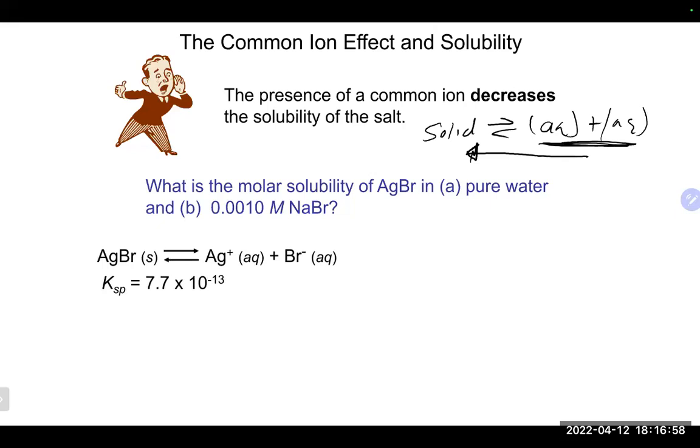Silver bromide has a Ksp value of 7.7 times 10 to the minus 13.